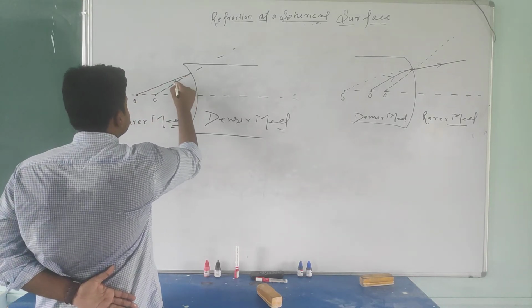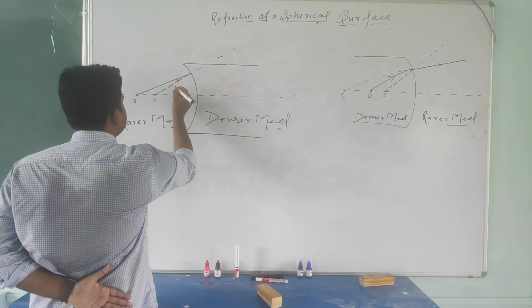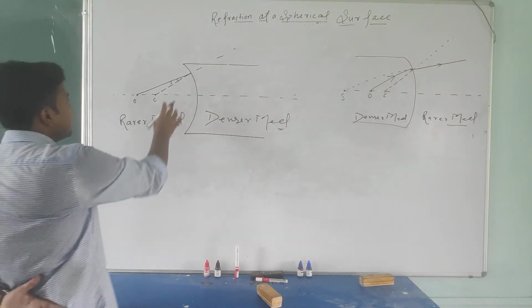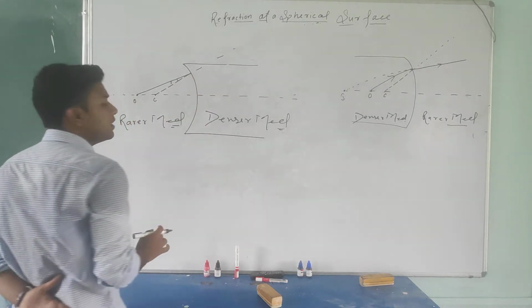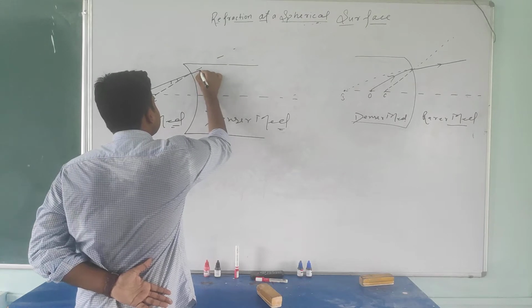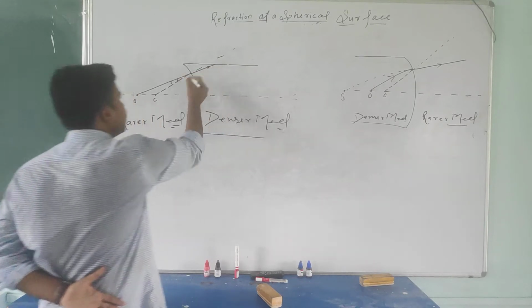Look at this. This one is the incident angle, and here it's the denser medium, and this one is the rare medium. So what will happen student? The ray will tilt towards the normal. Look at this, it's a little bit tilted.